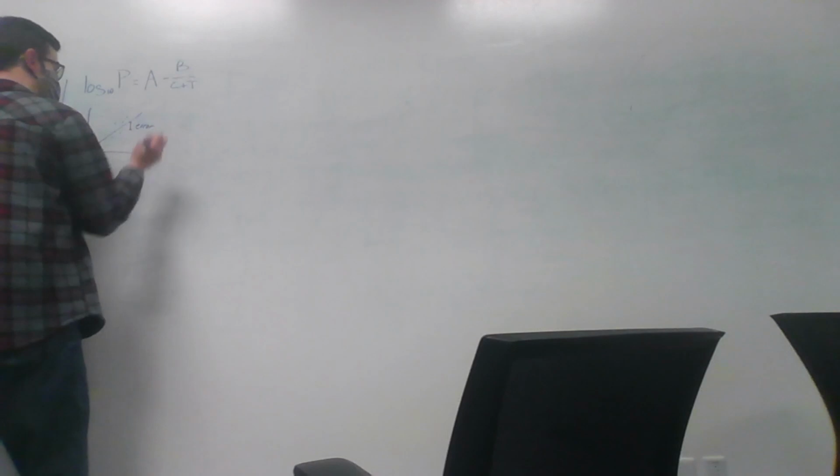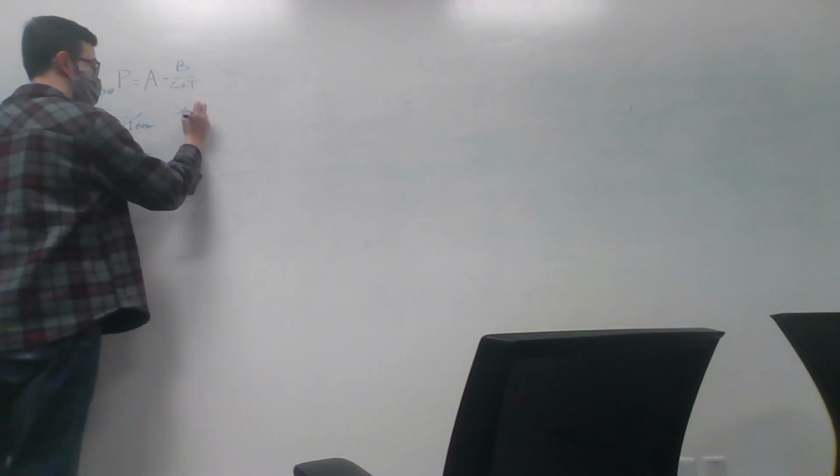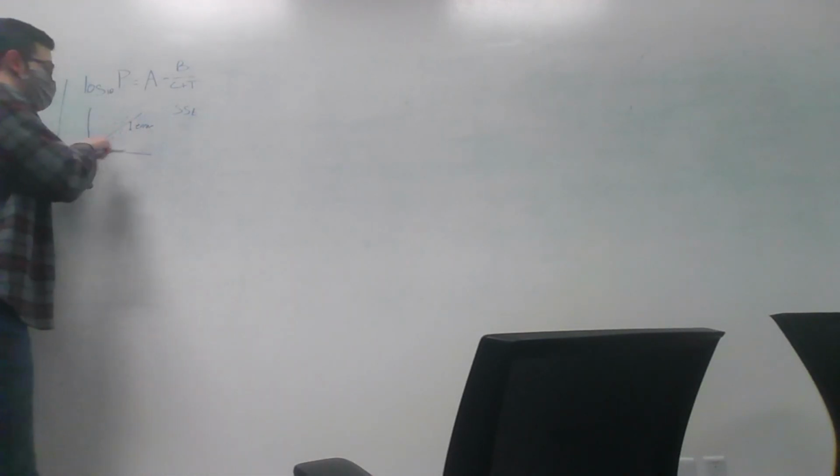Error here. So, sum squared error, or SSE, is the sum of all of these errors squared, sum of the error squared.